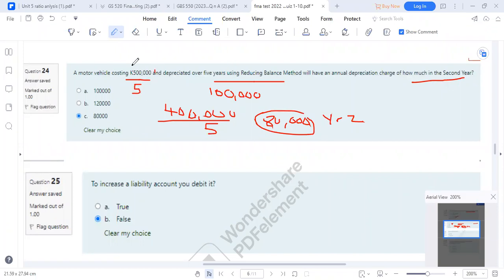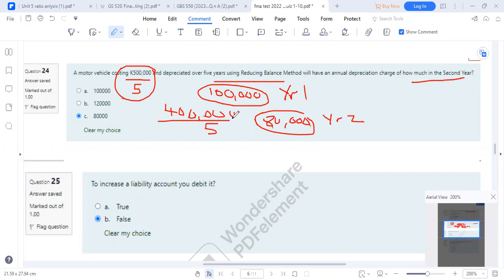I repeat, the reducing balance is based on the reducing figure. So this is 5 years. The depreciation for year one is 500,000 divided by 5, you get 100,000. That is year one depreciation that we're going to account. So when you subtract, we've removed 100,000. Our net balance is 400,000.